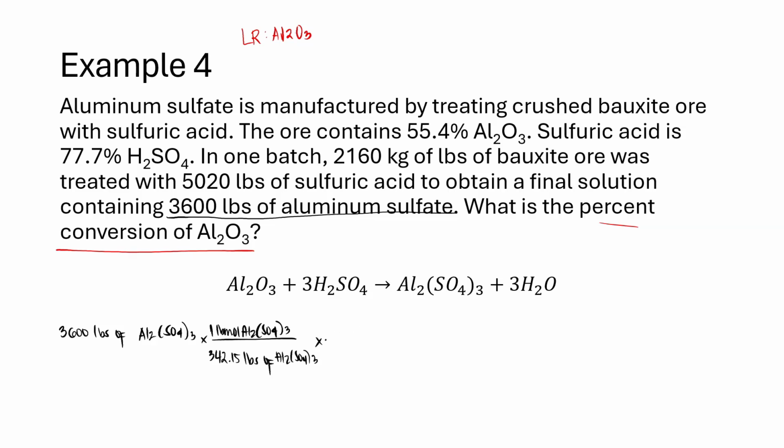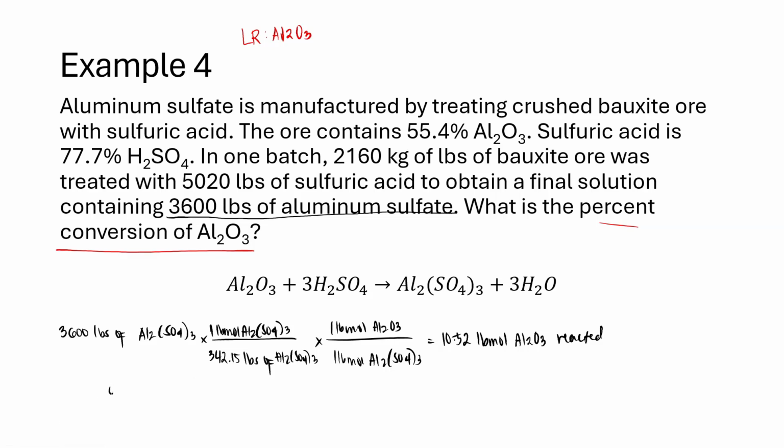And then from the chemical equation, 1 pound mole of aluminum sulfate, that's 1 pound mole of aluminum oxide. So that's 10.52 pound mole Al2O3 reacted.